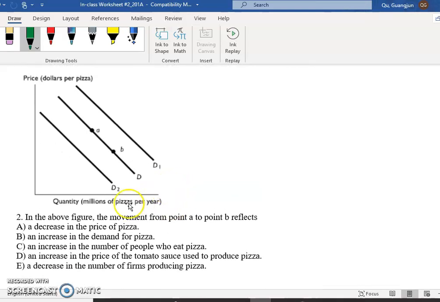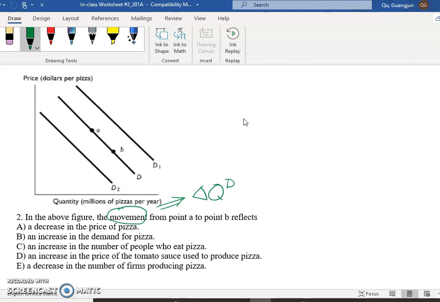Now, for example, number 2: in the above figure, the movement from point A to point B reflects. Now here we know it's a movement, right? And we said that the only thing that could lead to a movement of the existing curve would be a change in quantity demanded, right?